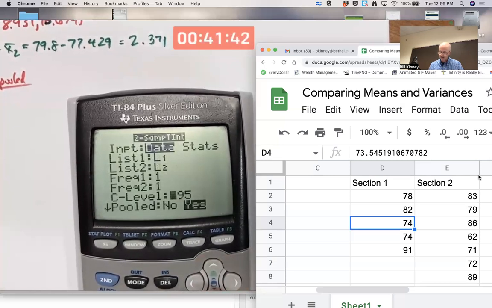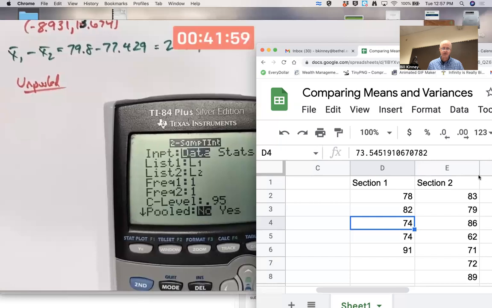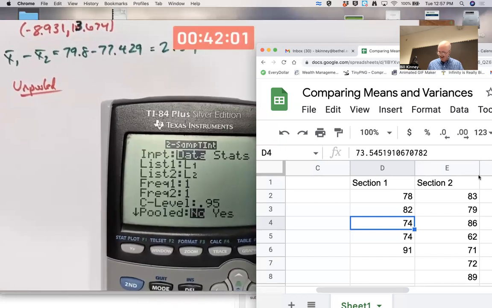Go to no instead of yes. What's the calculator going to do? It's not going to do the conservative approach. It's going to do the Smith-Satterthwaite, I think. I've never checked it. I suppose I should. And what will Smith-Satterthwaite produce for the degrees of freedom? It's hard to say ahead of time. So it's not pooled. Calculate.